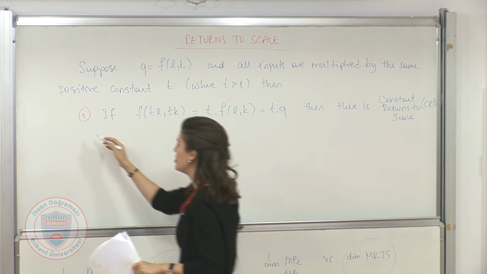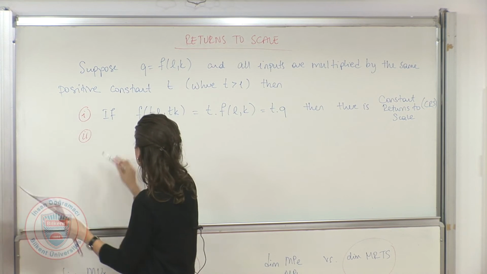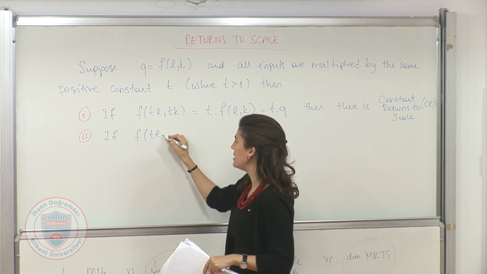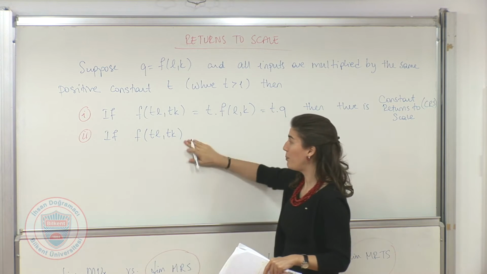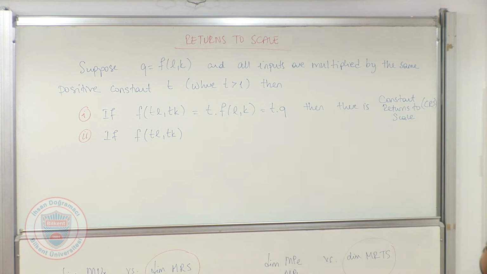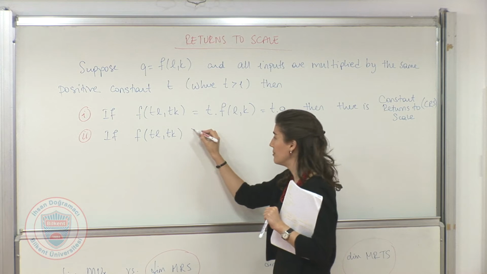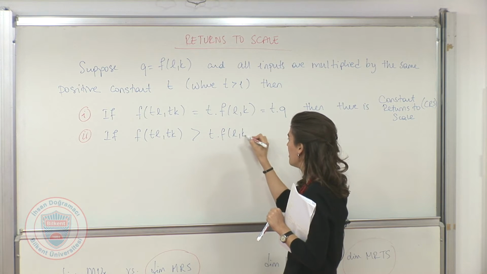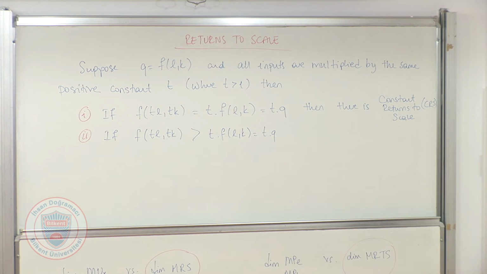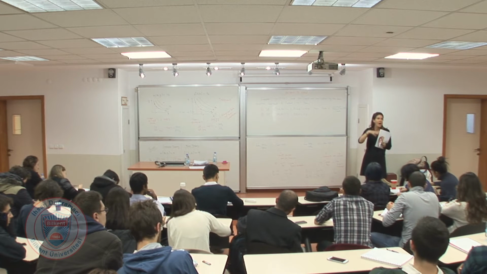Now, there could be other cases. Let's say f of TL, TK pops out as more than t times f of LK. Somehow I doubled all my inputs, but now there's more space, or people were unhappy before because there were too few of them, and now there are more people, they're happier, so even the previous guys are working better.